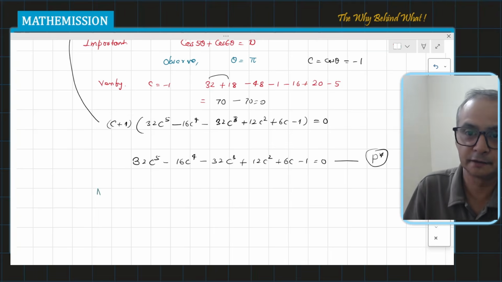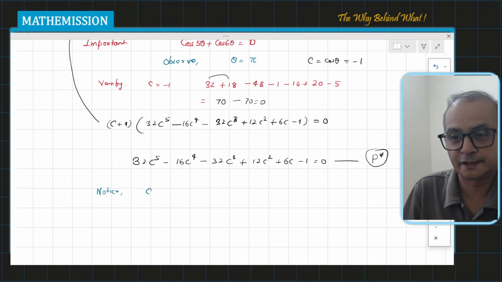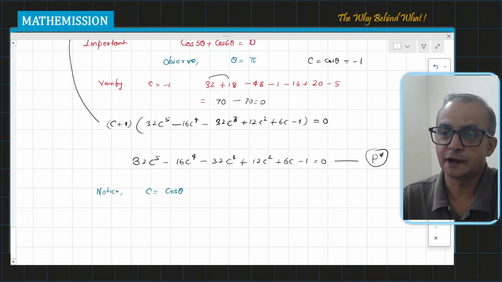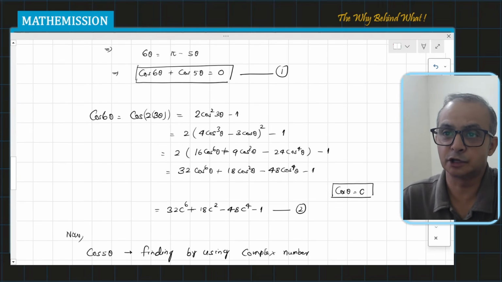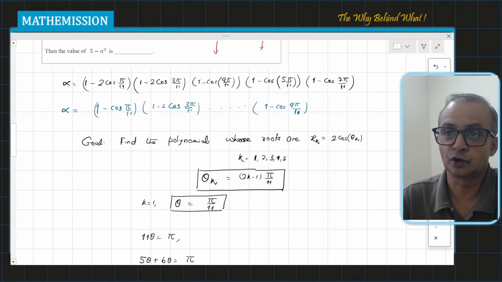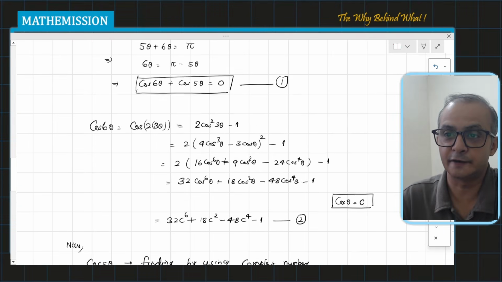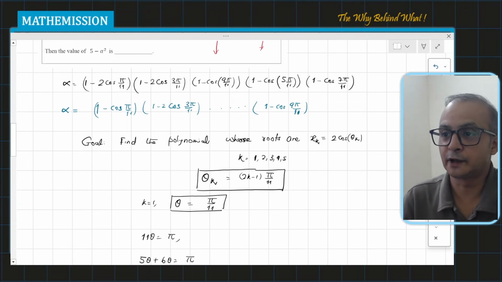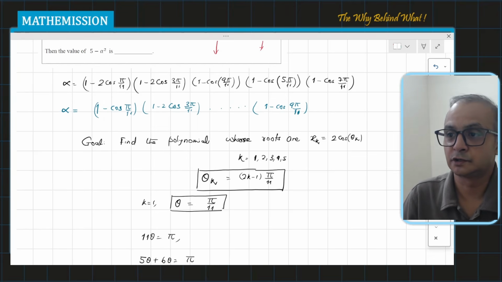Notice one thing, that this has c equal to cos theta as the solution. But what we are looking for is the solution which is 2 cos theta. If you notice this carefully, I am looking for the polynomial which has the solution 2 cos theta, correct?